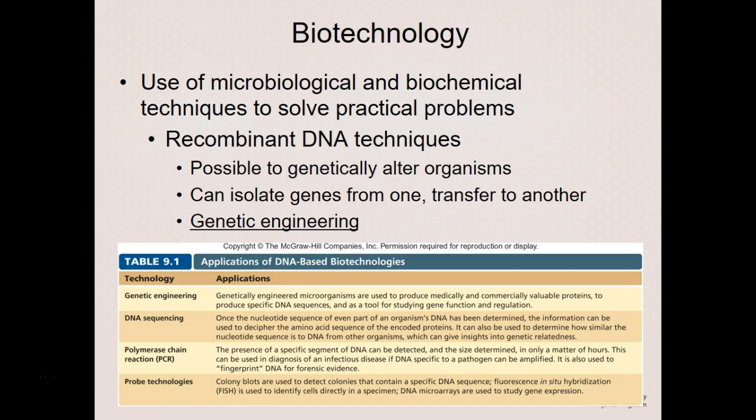So we use the term biotechnology for the use of microbiological and biochemical techniques to solve certain problems, such as being able to identify who the baby daddy is, or being able to identify who the killer is from a list of potential suspects, being able to identify the potential for a certain disease that runs in your family.